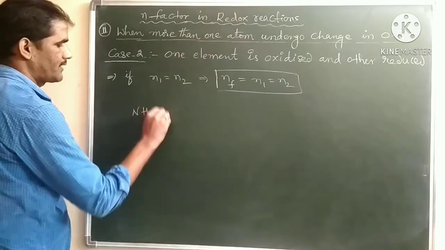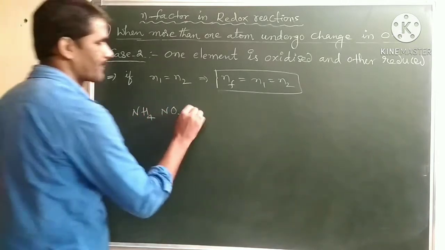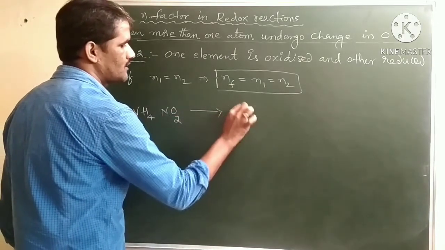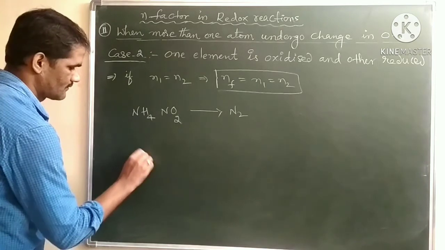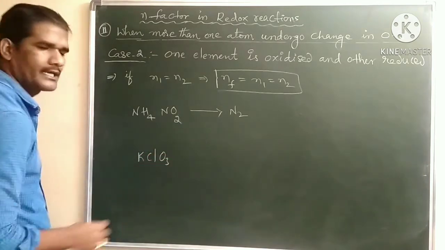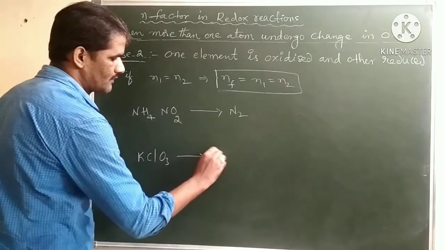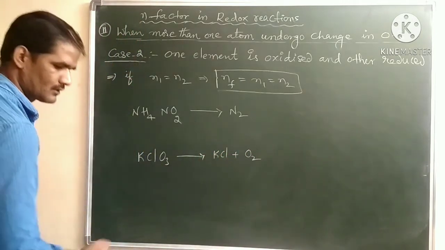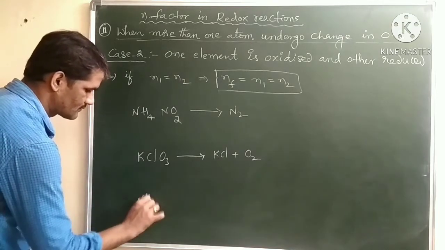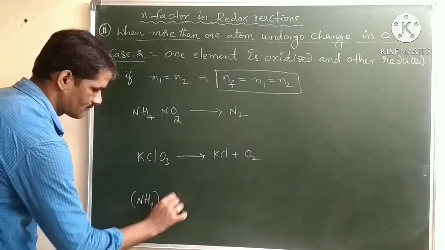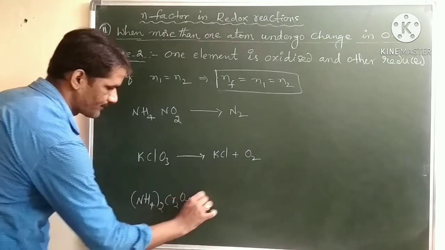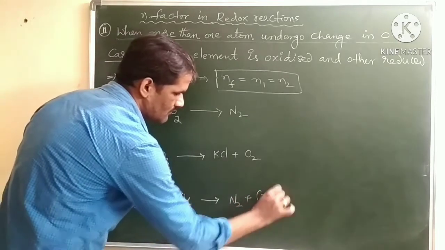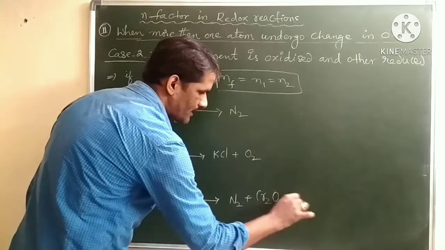Sometimes same, ammonium nitrite making nitrogen, and KClO3 will give KCl and O2, and ammonium dichromate giving nitrogen, chromium oxide and water.